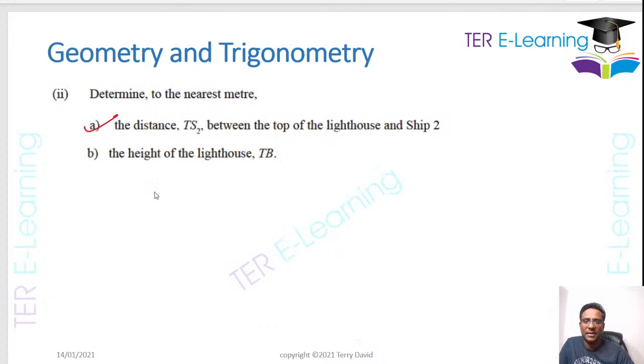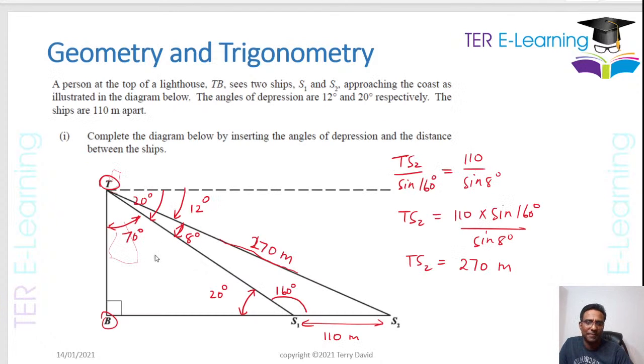So that's this. And the last part, they want, what is the height of the lighthouse TB, right? What is the height of the lighthouse TB? Now, we can easily work that out as well, because they want to know this length here, right? You already worked out TS2, you got 270 meters, right?